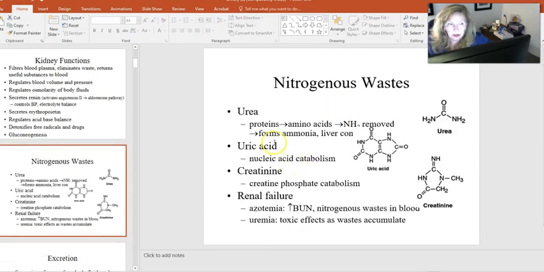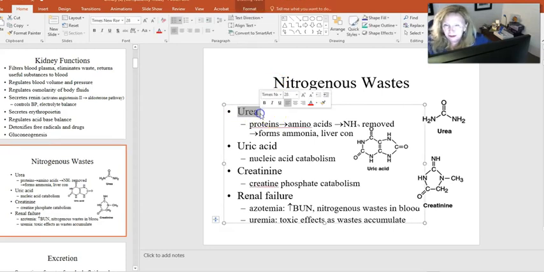The kidneys are going to be eliminating waste. So when we think about what waste products are created in our system, urea is a major component. I've talked to you about your cells being essentially protein factories. Your cells can produce carbs and lipids and nucleic acids also, but they're essentially protein factories.